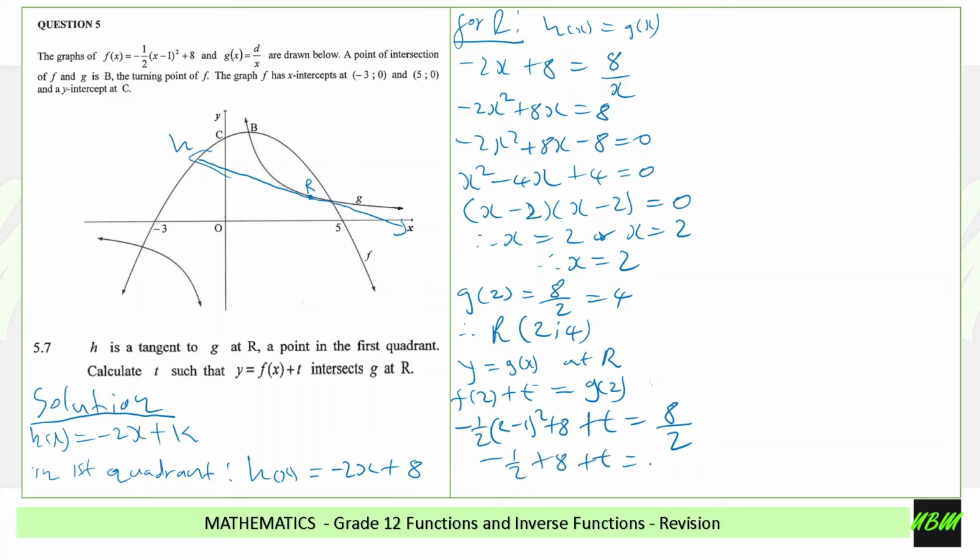On the right hand side, 8 divided by 2 is equal to 4. Therefore, solving for t, minus 1 over 2 plus 8 will give you 15 over 2. Then solving for t, 4 minus 15 over 2, you must get minus 7 over 2.